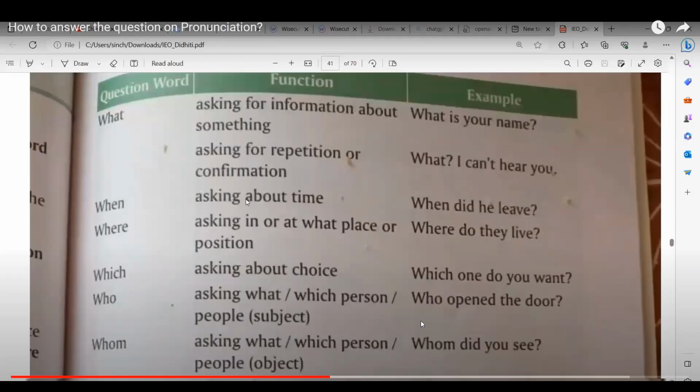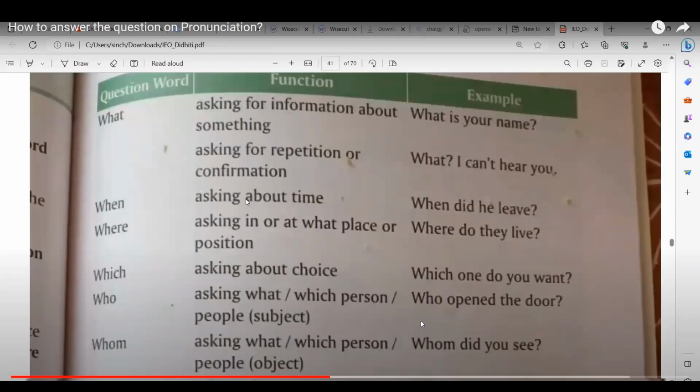Whom do you want? Very good, excellent. Shomojit, can you give me an example with whom? Whom did you listen to? Very good, Shomojit. Shivam, can you give me the example with whom? I have told you. I know you have told me. Can you tell me again?